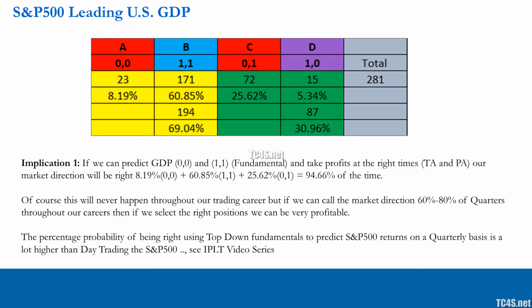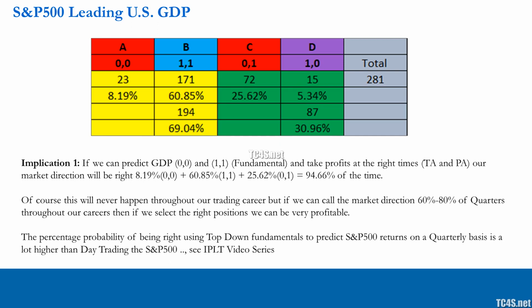But what it does tell us as traders, PMs, the historical data, what it does tell us is some profound stuff. That when we're trying to use the S&P 500 as an instrument to forecast and back with real money the direction of GDP using the S&P 500, then we can have massive odds in our favor when doing that.